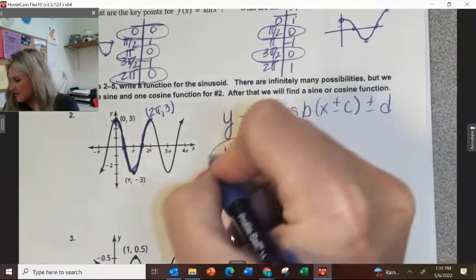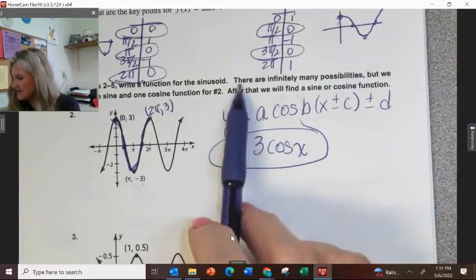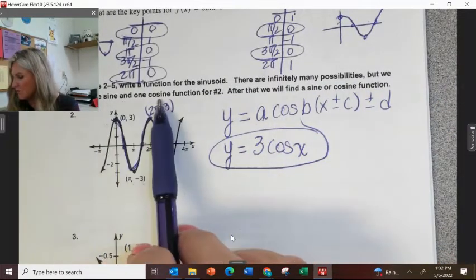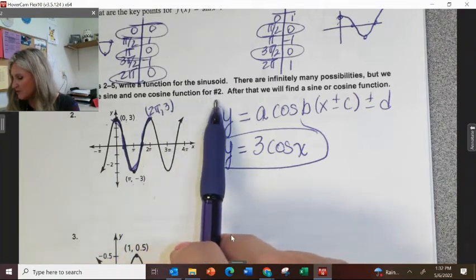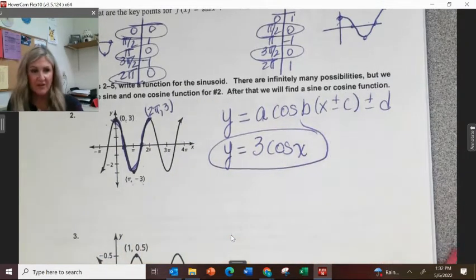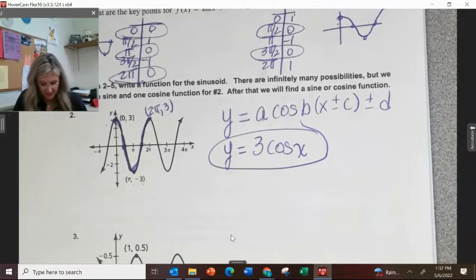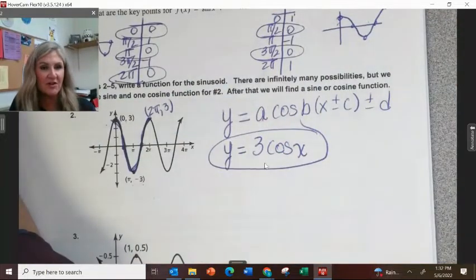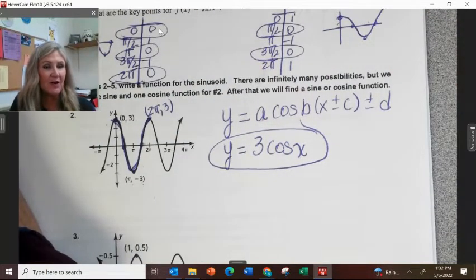Good. Now, in the directions, it says there are infinitely many possibilities, but we will find one sine and one cosine function for number 2. After that, we will find a sine or cosine function and not both. So now I'm going to look at this curve and try to find a spot on this curve where it reaches the pattern that's happening for sine, where it goes on, up, on, down, on.